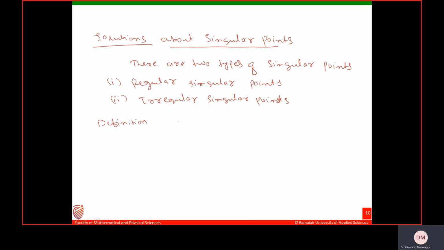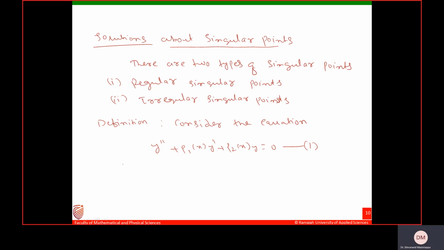Definition: consider the equation y double dash plus p1 of x y dash plus p2 of x y equal to 0, equation number 1, for the solution about a singular point.